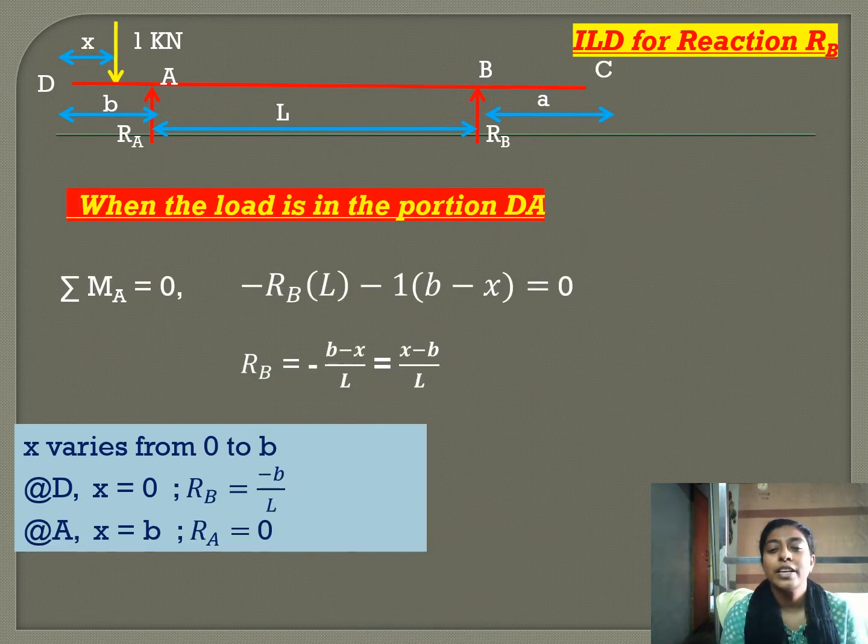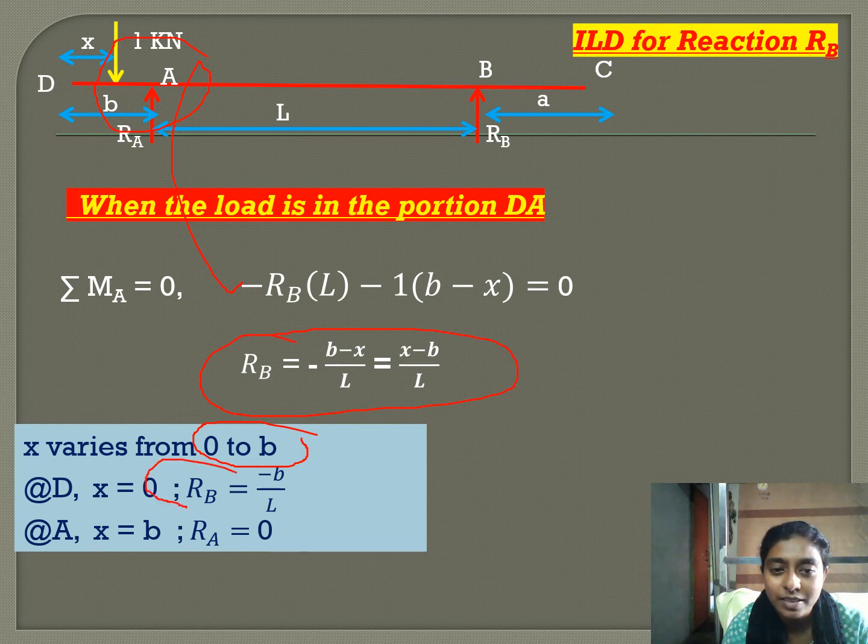Same way, the influence line diagram for reaction RB. When the unit load is in the portion DA, we apply sigma MA is equal to 0 and find RB. Substitute X varying from 0 to B and we get RB is equal to minus B by L and 0.